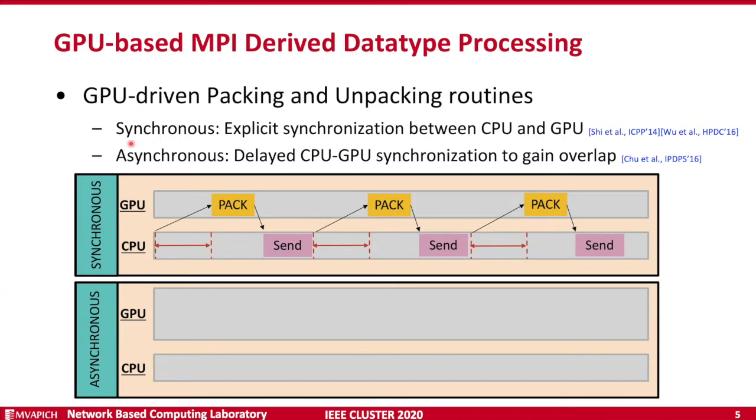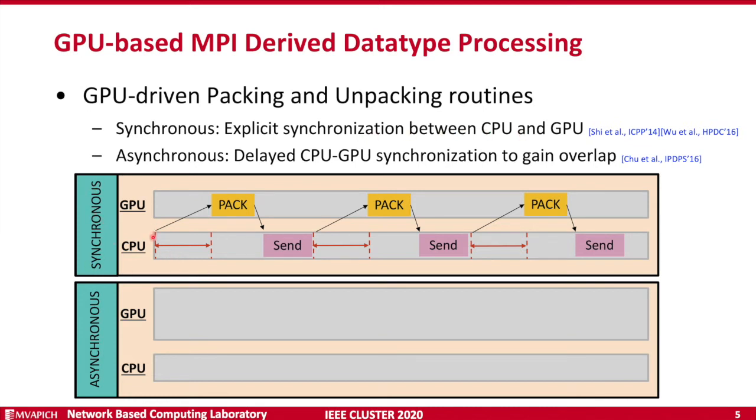Roughly, there are two approaches. First, I call it synchronous, which means you optimize your kernels. You can look at this paper, and there are more. I'll talk about how you optimize your GPU kernel to perform the packing and unpacking on the GPU, and you have to do explicit synchronization between CPU and GPU. Here is an example I'm showing.